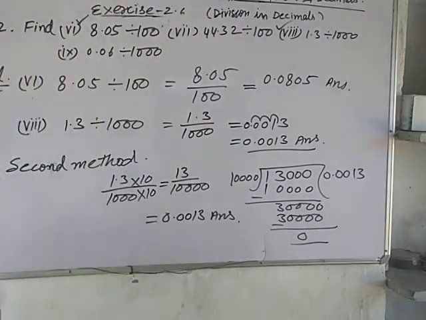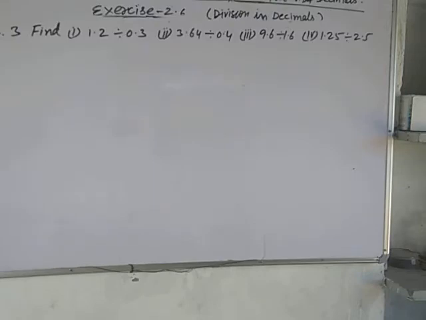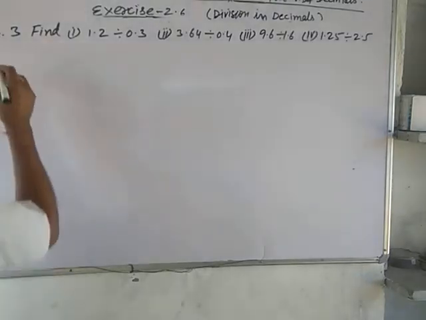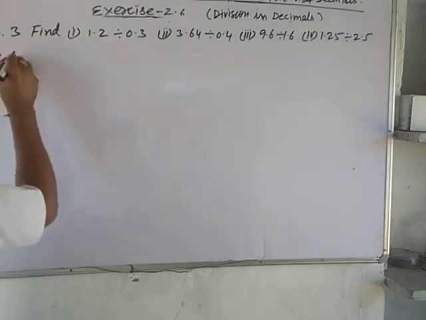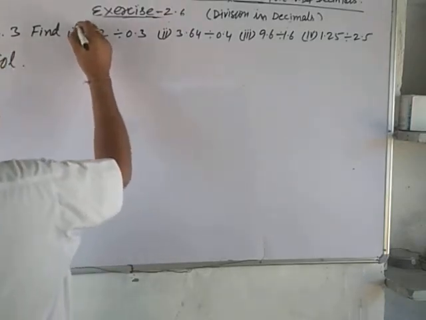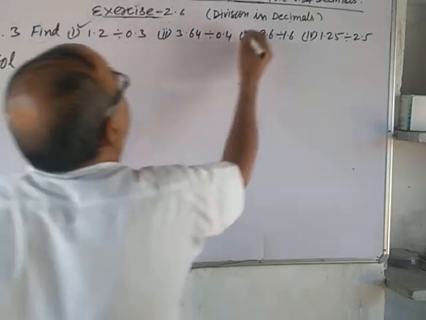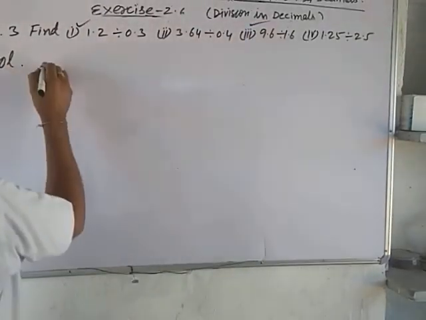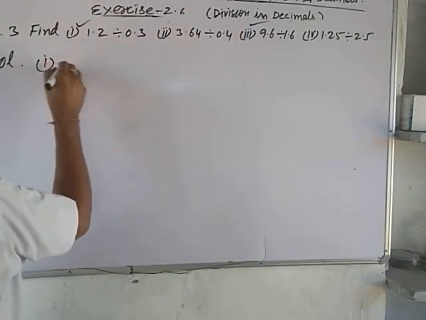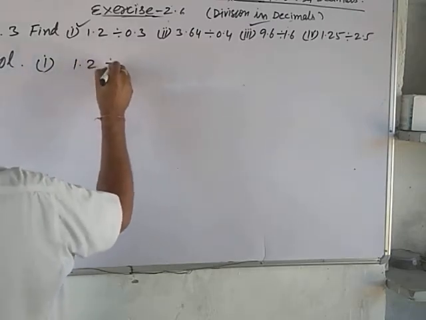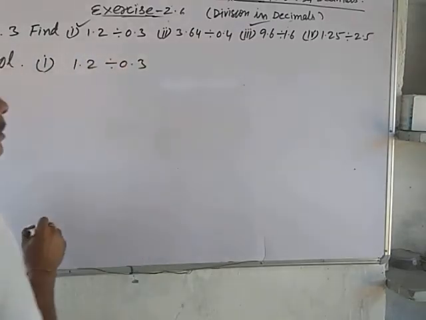Next, the question number 3. We solve the question number 1st and 3rd. Part 1st, 1.2 divided by 0.3.